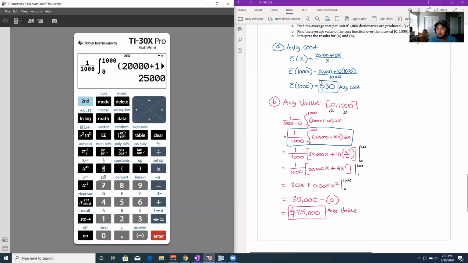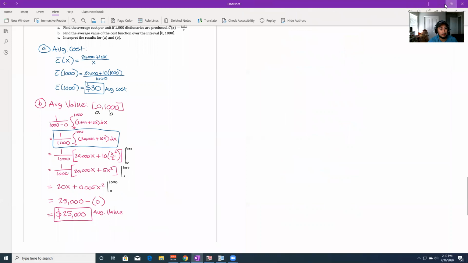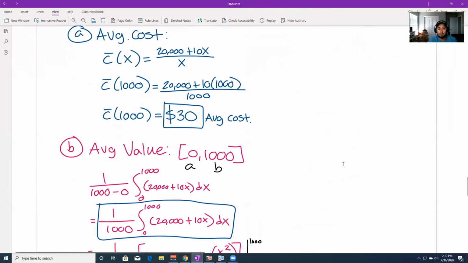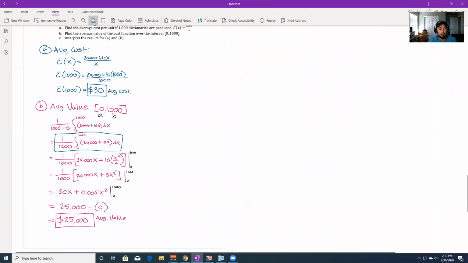So I can just now maximize this screen. Boom, look at that. Okay. That'll work. So for C, I'll put that right here. C is interpret. And what we know is that the average cost is the price per book, right? So 30 bucks is the price per book.